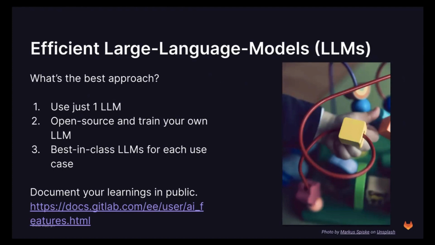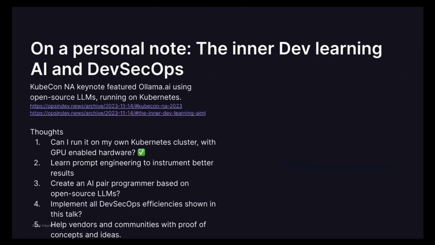Because we can just use one, like ChatGPT or whatever is out there, or we use open source and train our own models, or we are using best-in-class LLMs for each specific use case, which is something we do at GitLab, but maybe others are following the same approach.